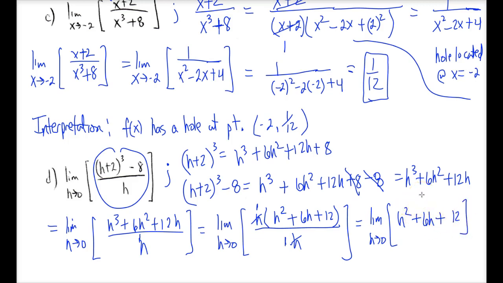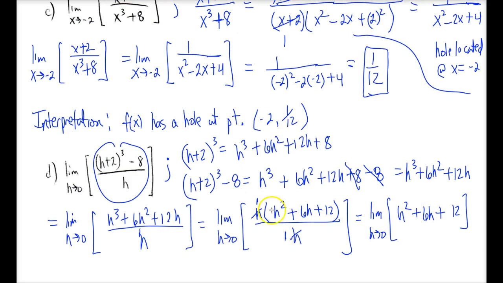At this point, we know that if we plug in 0 for h, h will be in the domain of this function, because we won't get anything that's undefined. So we just have 0 squared plus 6 times 0 plus 12, which will give us 12.